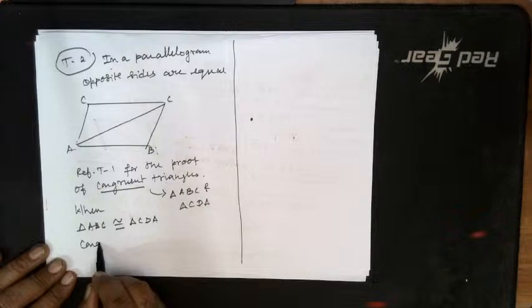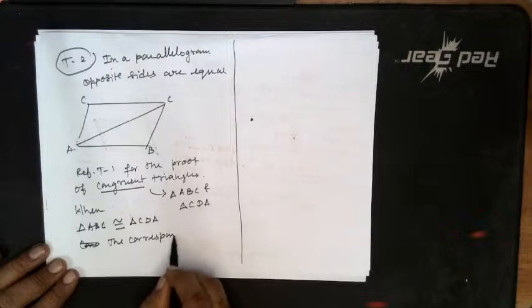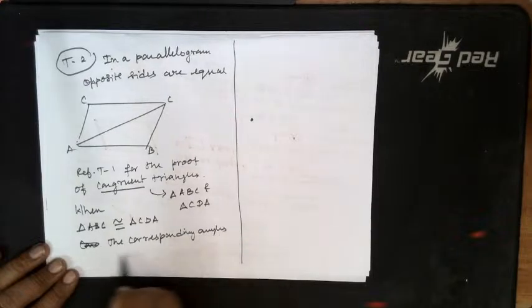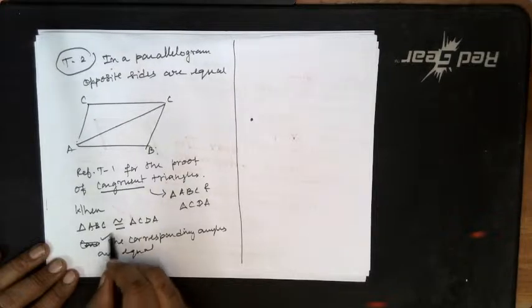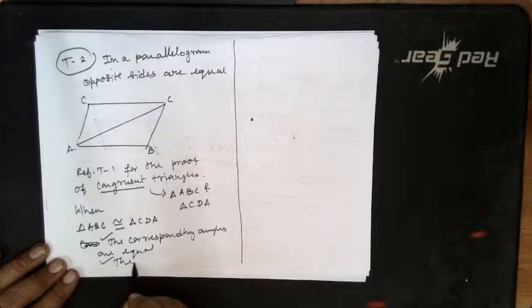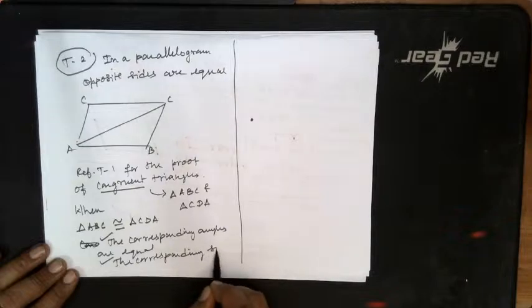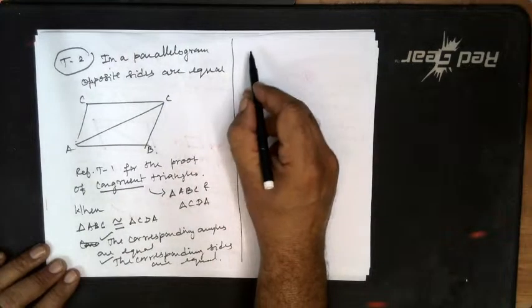Congruent, the corresponding angles are equal, correct? Equal. Next point, the corresponding sides are also equal. Sides are equal.